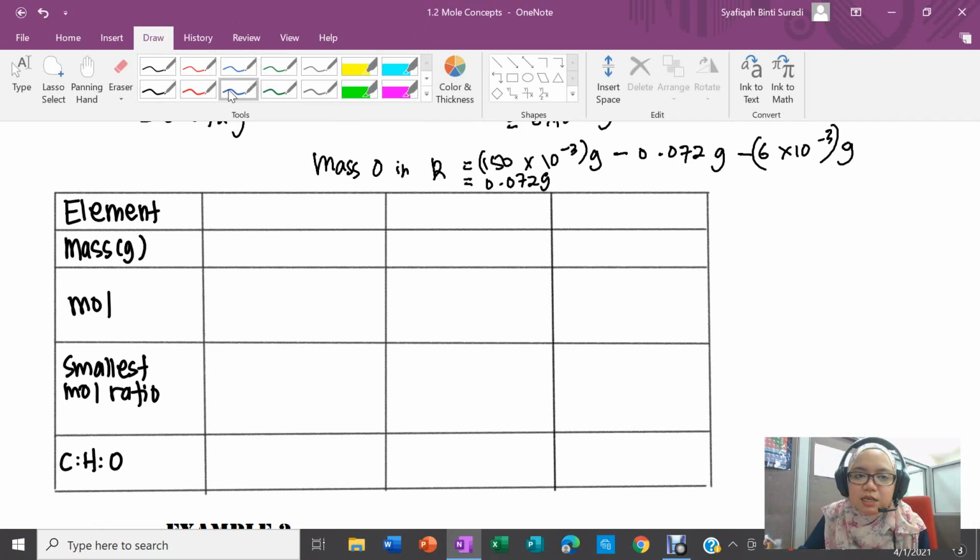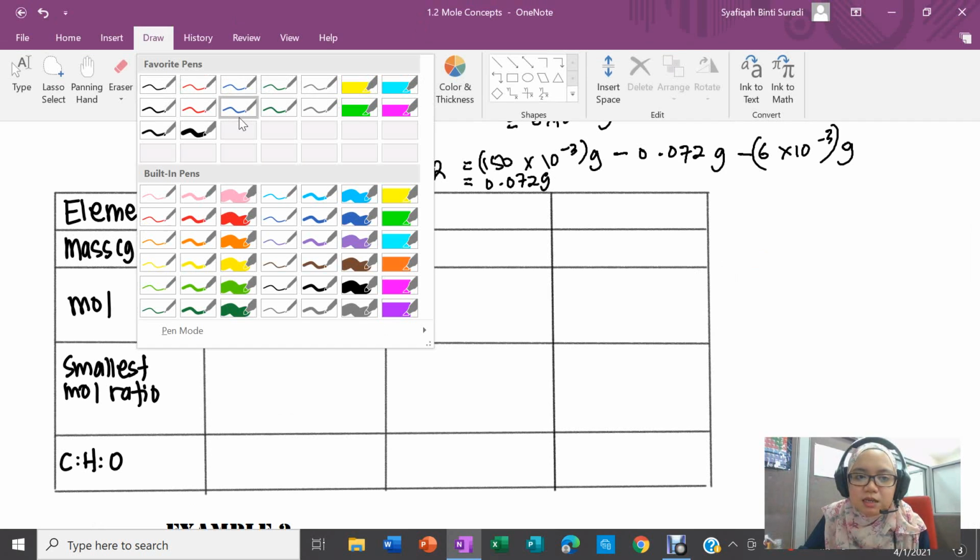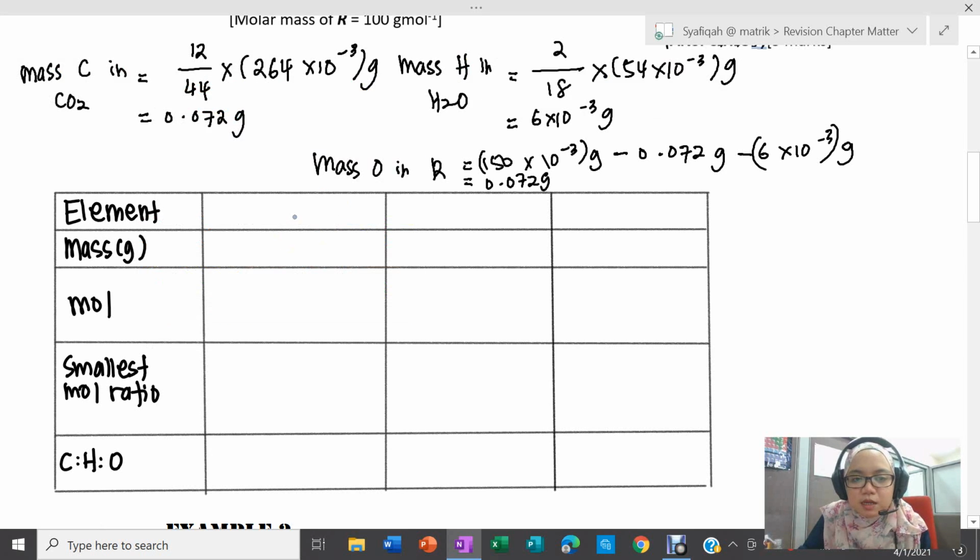Okay, so dekat sini, empirical table kat sini. Okay, untuk carbon, hydrogen dengan oxygen. So, mass untuk carbon ni dapat tadi 0.072 gram. Hydrogen 6 times 10 negative 3 gram. And oxygen 0.072 gram. So, nak cari number of mole, divide dengan molar mass.